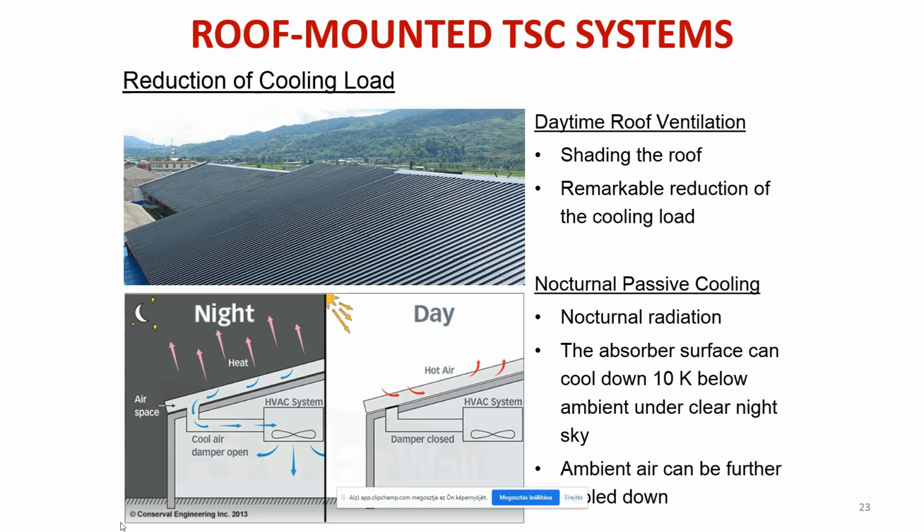And the transpired solar collector is also doing this, and the transpired solar collector cools down below ambient temperature, and with this radiation, the cold surface can cool the air further and ventilate the interior of a building with passive cooled air. This was the winter operation.